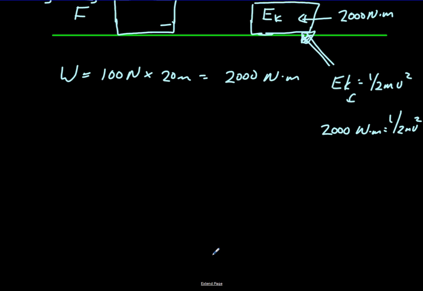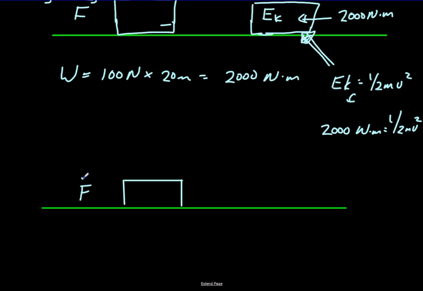So where does heat come in? Well, in reality, there's really not going to be a way for you to have a frictionless surface. So let's imagine a slightly different scenario, where now I apply a force to the object, but there is friction involved, okay?